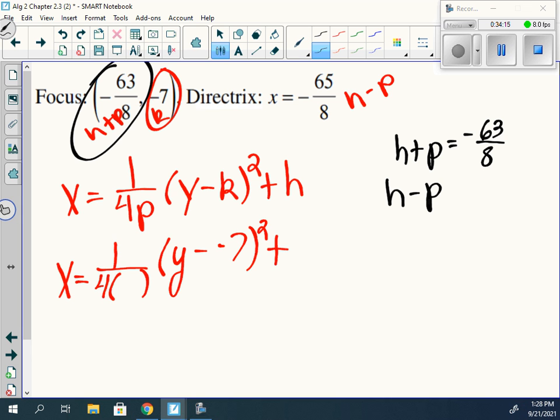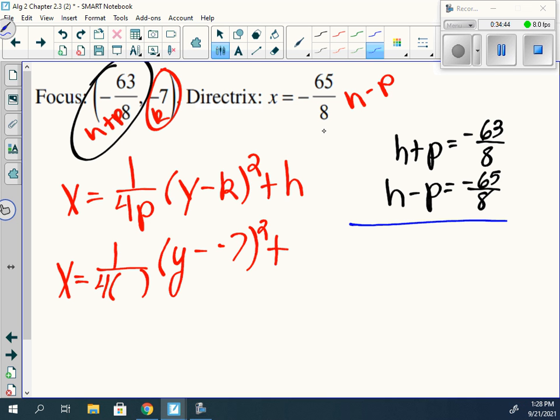H minus p is our directrix, which is negative 65/8. We have a system of equations. If we're given the directrix and focus, we'll be given a value of h or k, but we have to find the other and p. So we'll have to use elimination.